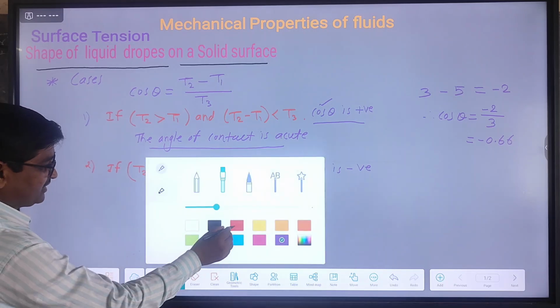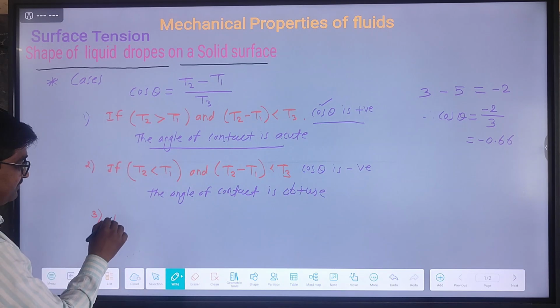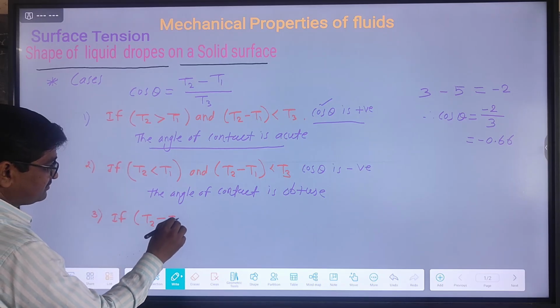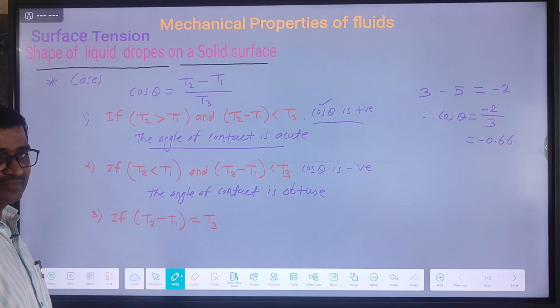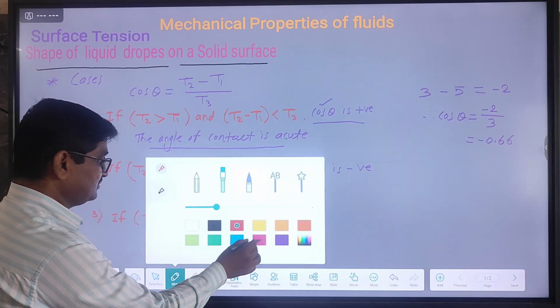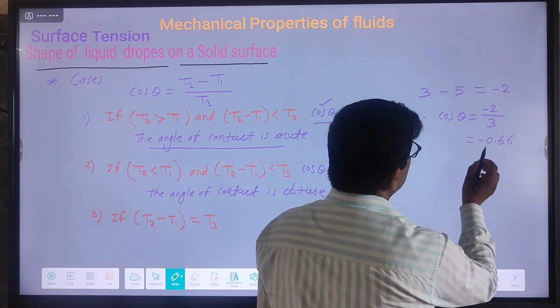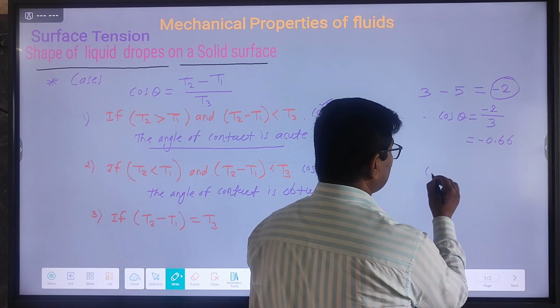Now let's observe the third concept. Third case, if T2 minus T1 is equal to T3. So what is given? If T2 minus T1 is equal to T3, then T2 minus T1 is minus 2. Okay.